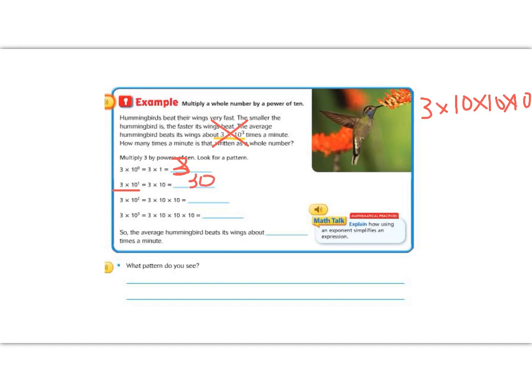Now I have 3 times 10 to the power of 2. So that means 3 times 10 times 10. 3 times 10 is 30, times 10 is 300. Okay, let's keep getting bigger. 3 times 10 to the power of 3 means 3 times 10 times 10 times 10.